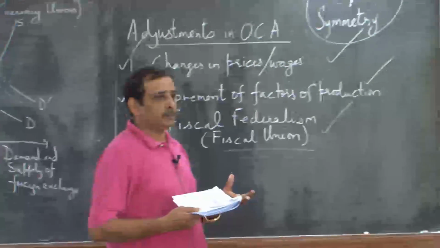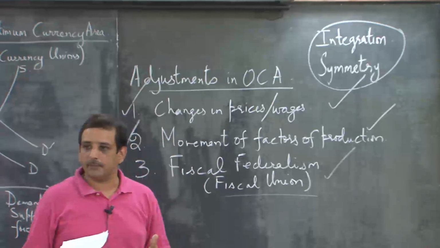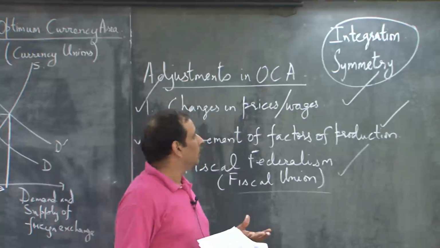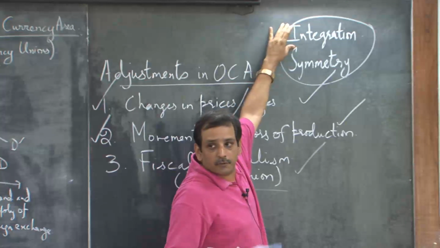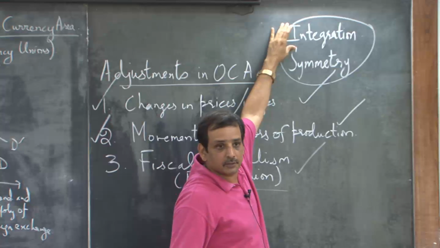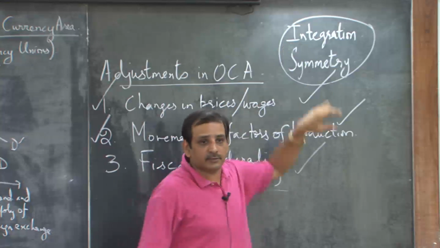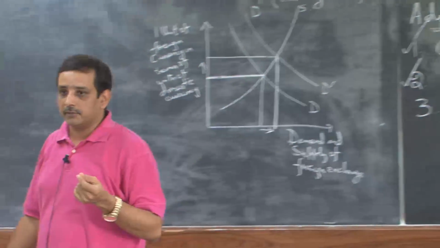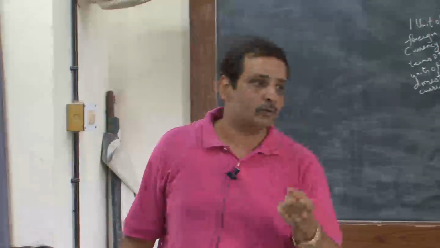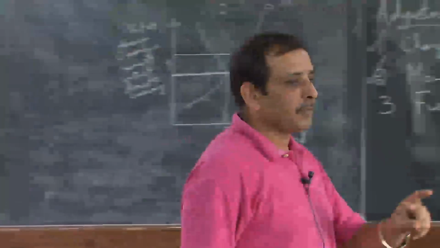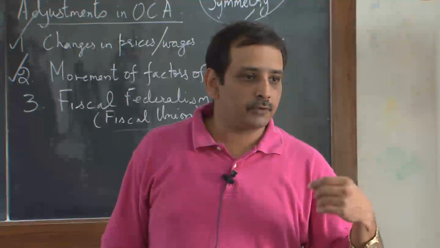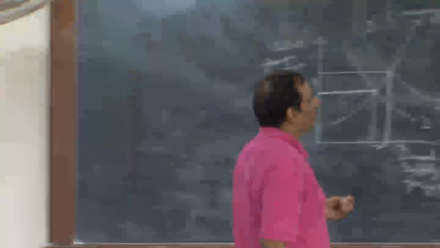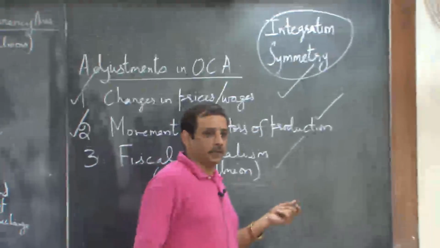If you have a group of 4 or 5 family members, then how close are you in terms of your relationship? That's integration. And symmetry is that if there is a shock which happens, there are some problems which emanate from outside, if all the members react in the same way, then you say that you have symmetrical relationships. You tend to react in the same way.